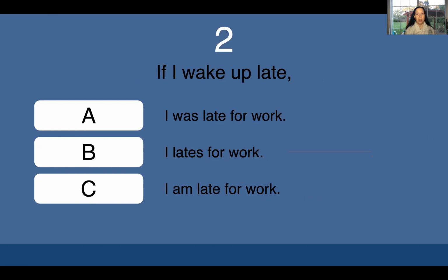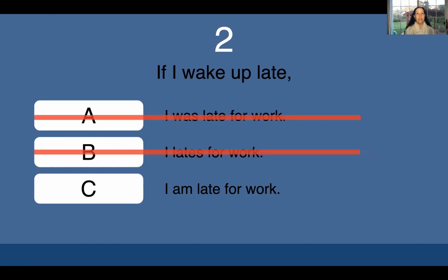Which one? If I wake up late, I am late for work. Did you get that one? Was that easy or was that tricky? You let me know. Did you get it? Well, if you did, congratulations. You've been studying hard.